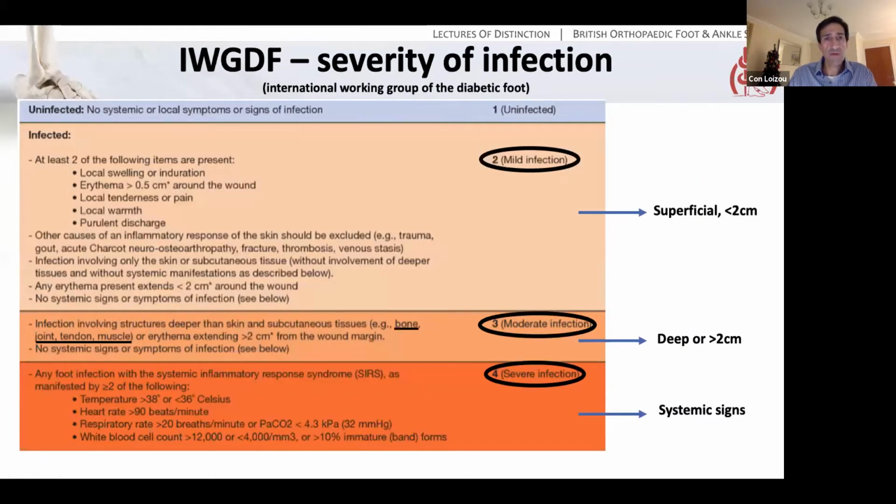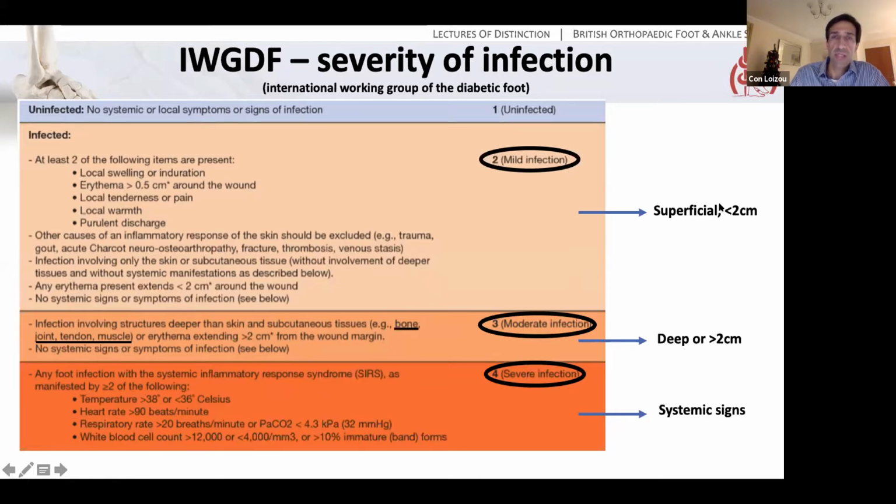Now, the second thing you need to mention with regards to diabetic foot ulcer infections is the severity, which could be either mild, moderate, or severe. And all microbiology guidelines on appropriate antibiotics are based on this division. So in mild infection, the ulcer is superficial, which means it doesn't go to bone, joint, tendon, or muscle.